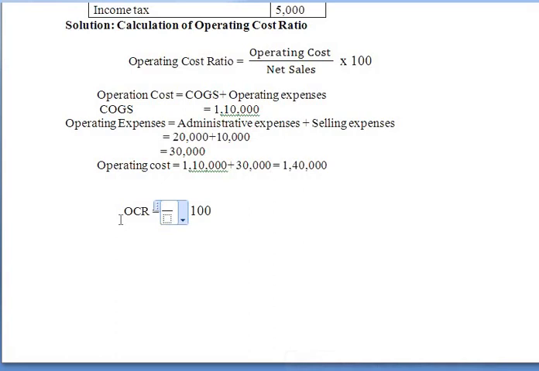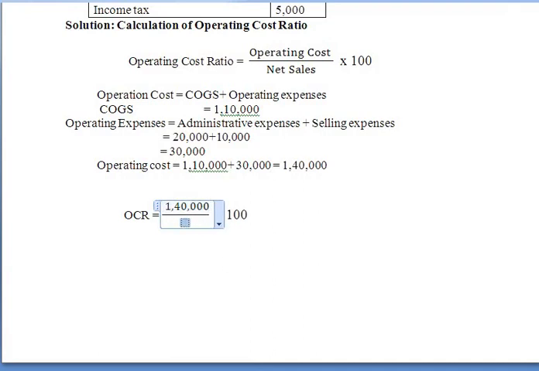Operating cost ratio is equal to operating cost divided by net sales. Operating cost is 1,40,000. And what about net sales?